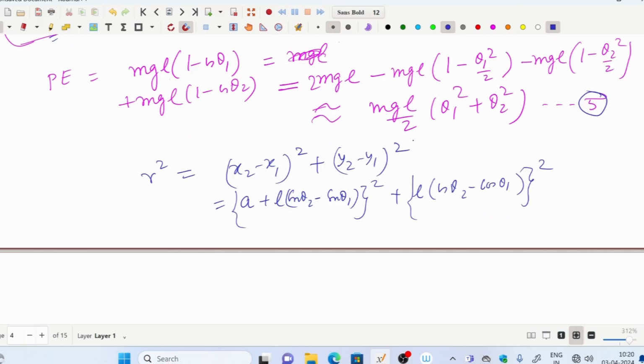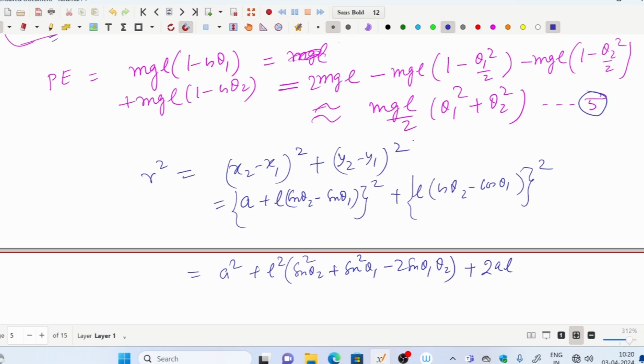If I break this square, it will be a square plus L square times sin square theta 2 plus sin square theta 1 minus 2 sin theta 1 sin theta 2, plus 2aL times sin theta 2 minus sin theta 1, and the other term will be L square times cos square theta 2 plus cos square theta 1 minus 2 cos theta 1 cos theta 2.